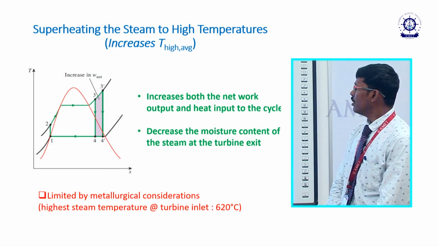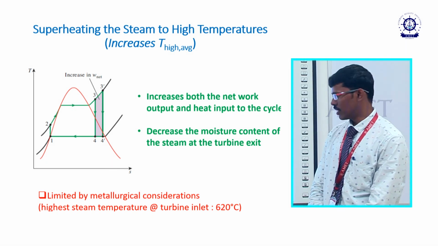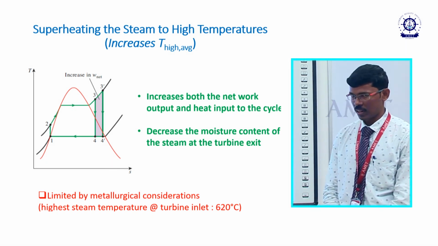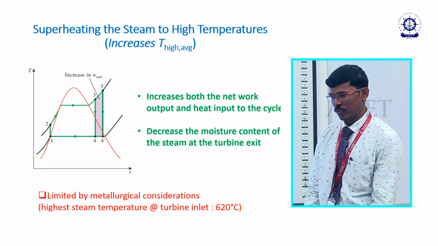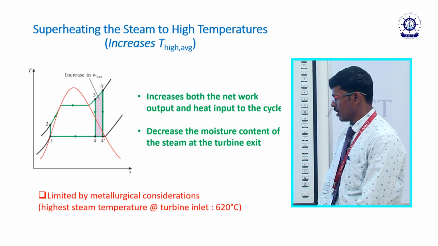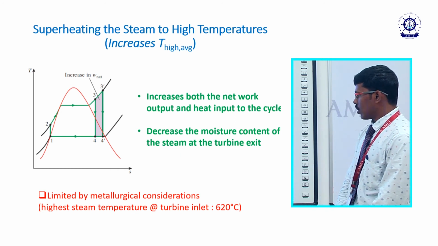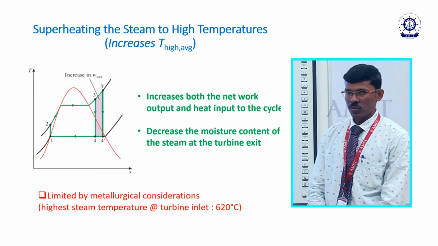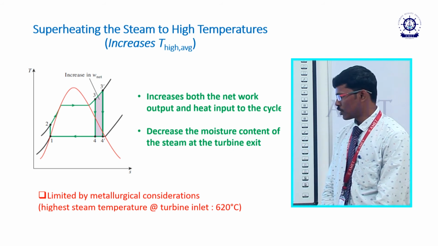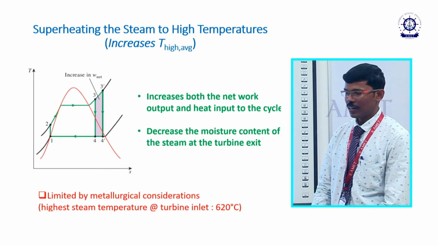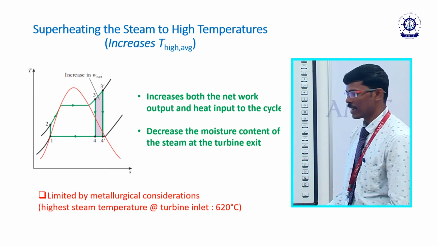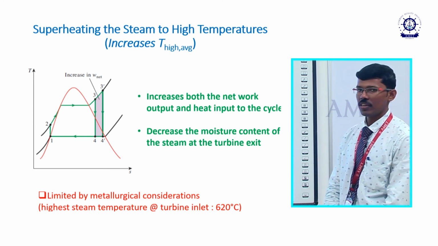Superheating the steam to high temperature has certain limitations. The limitation is basically because of the metallurgical consideration, the material with which the turbine is constructed. The turbine which we are using right now has a limitation on the maximum temperature at which we can operate it, because of the material constraint, which is 620 degrees Celsius.